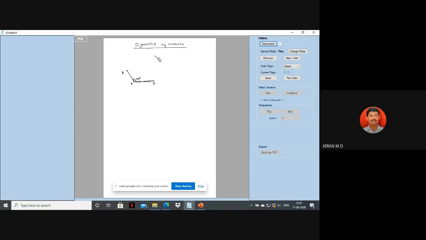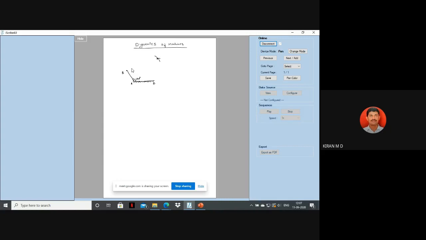Are you able to see the mouse cursor? Yes, sir. From here to here, this radius is 100 mm, the BC length. Again, DC is 75, so I will take this compass with D as the center and cut an arc.